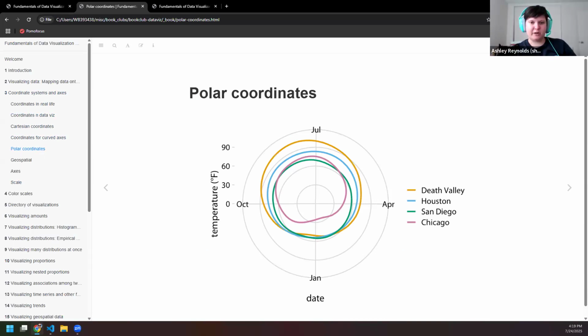For example, one thing I don't know is, when you're using polar coordinates, do they always have to go counterclockwise? I think you could reverse this graph to have it going clockwise and it would still be interpretable. So I feel like it would still work, but I don't know if that contravenes some sort of statistical convention.